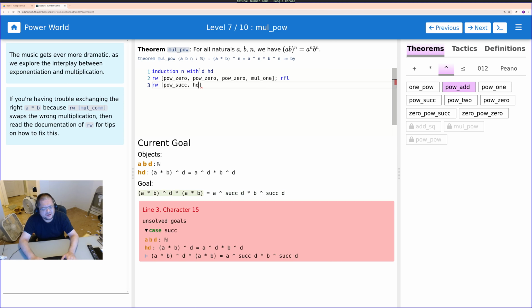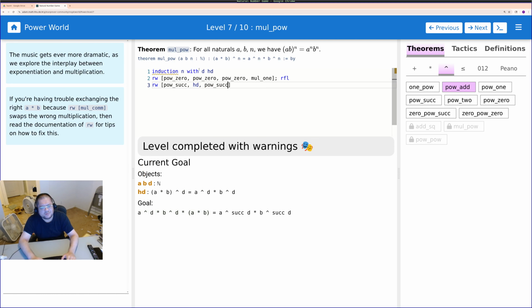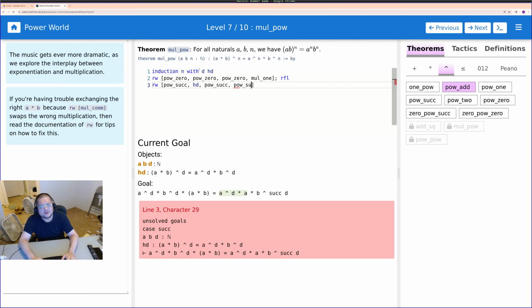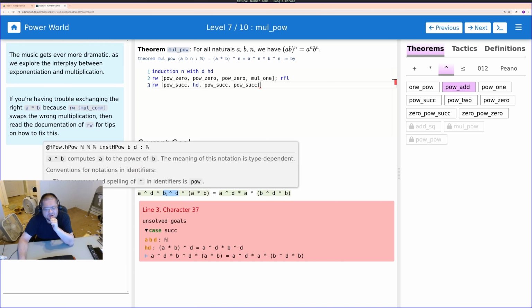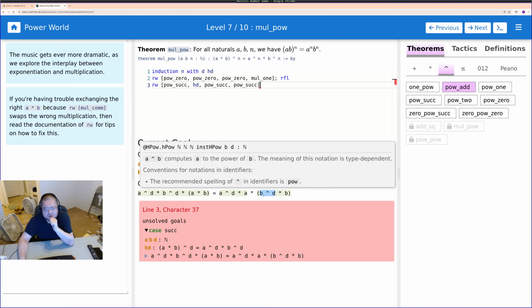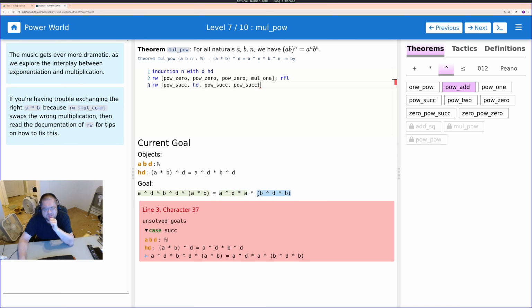We can now apply inductive hypothesis. Now let's go ahead and apply the power of successor. And now we make some math work out. So A to the D, B to the D and B to the D are not together. Which one should we move? I think we should move this one over.